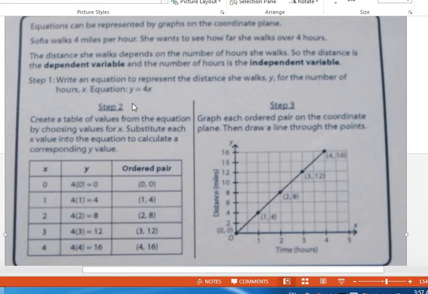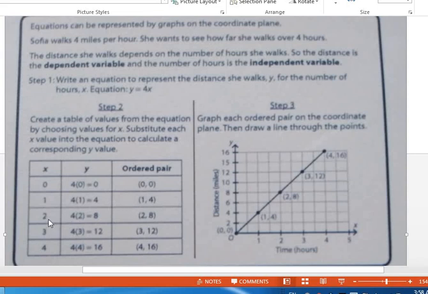If I have a table, for 0 the answer is 0, because in the equation Y equals 4X, 0 times 4 equals 0. The ordered pair is 0 and 0. For 1 hour, 4 times 1 is 4 miles.